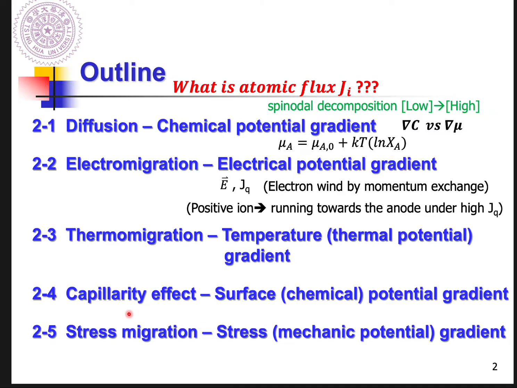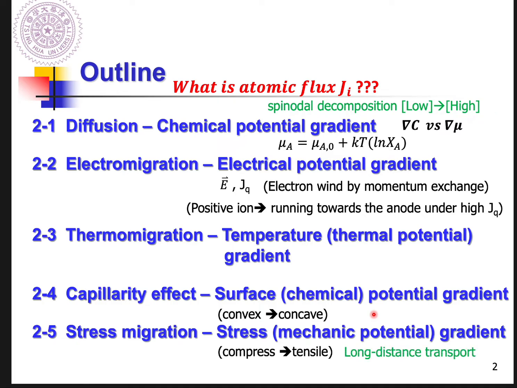The capillarity effect happens when there is a curved solid material, and the atoms at the convex side with higher chemical potential tend to move toward the side with a lower chemical potential to minimize the free energy of the system. So the driving force is also a potential gradient, but the purpose is to minimize the free energy of a system.